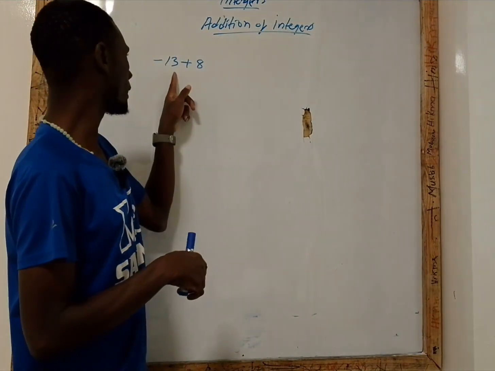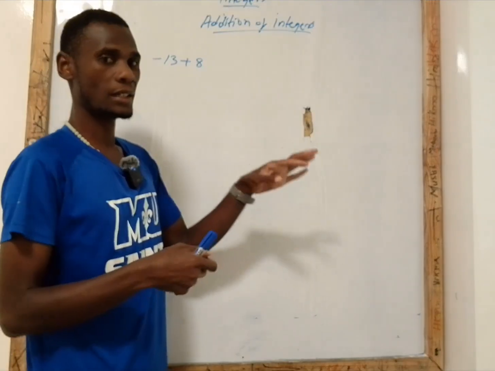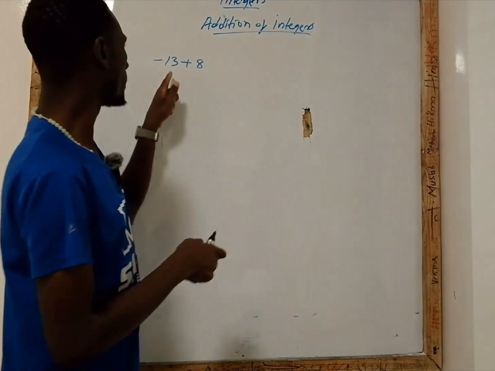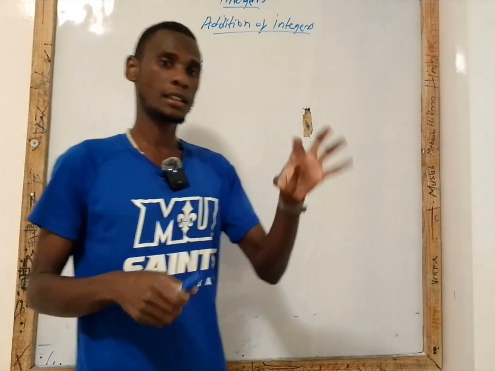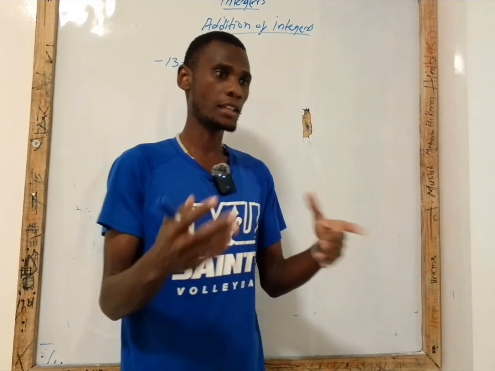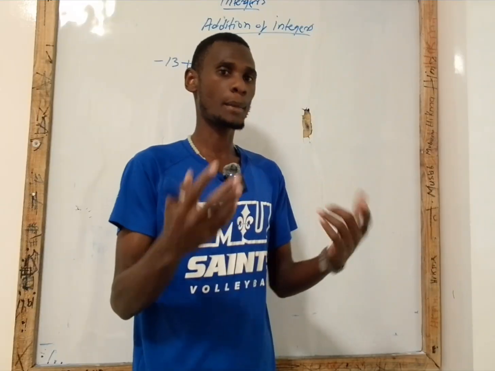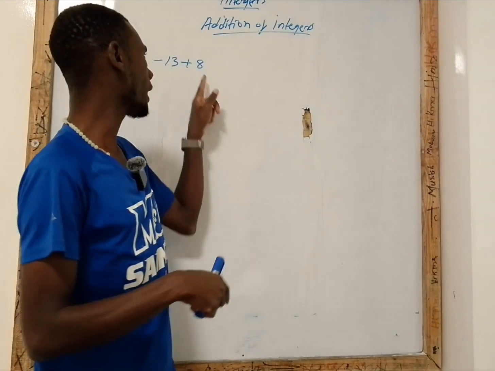So a negative number means you owe somebody a debt. Before we look at the number line, negative 13 means you owe somebody 13 shillings. Then you work and get 8 shillings.